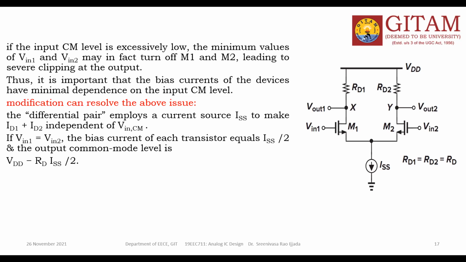Of course, RD1 and RD2 are equal to RD. Both branches carry equal current, so the drops are equal: Vout1 equals Vout2 equals VDD minus RD times ISS by 2.